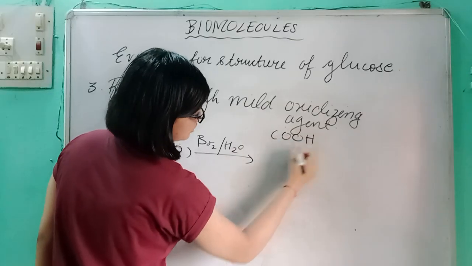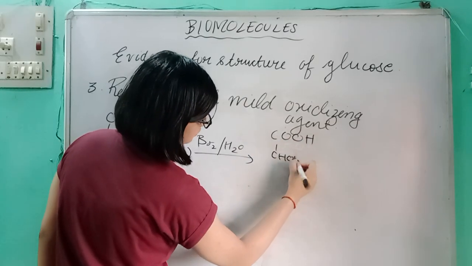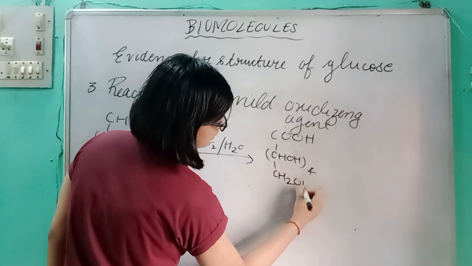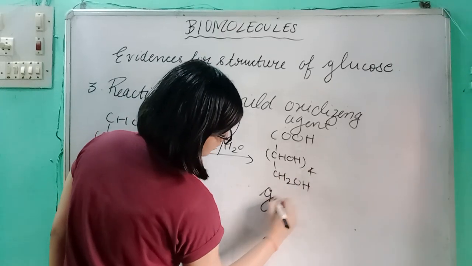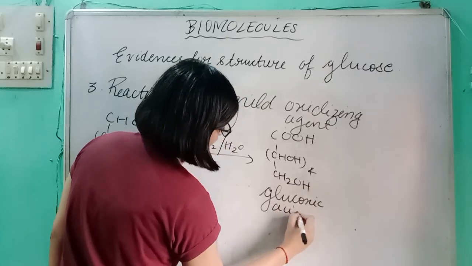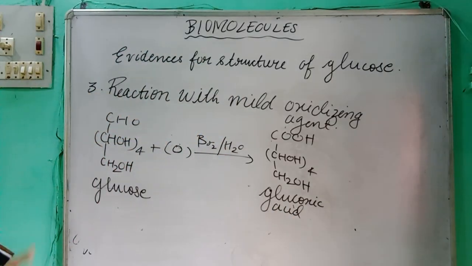CHO, CHOH over 4, CH2OH, gluconic acid is formed, and this proves that the structure of glucose contains an aldehyde group at the first carbon atom.